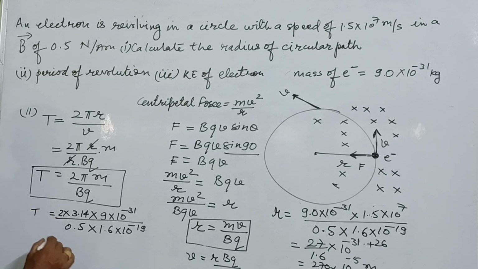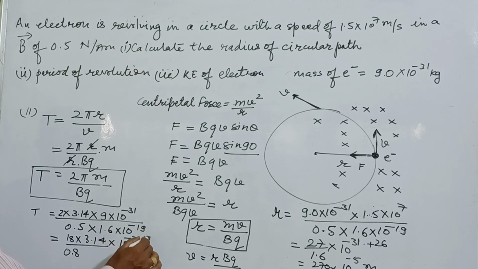So the time period which we can calculate here, it is 18 into 3.14, it is 0.8, and this 10 raised to the power minus 31 plus 19.